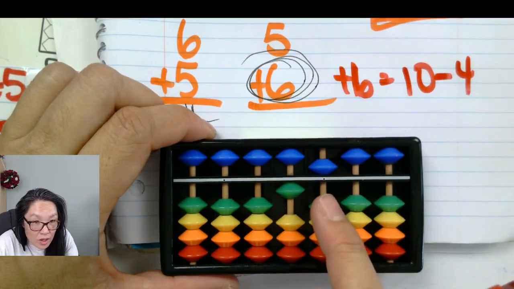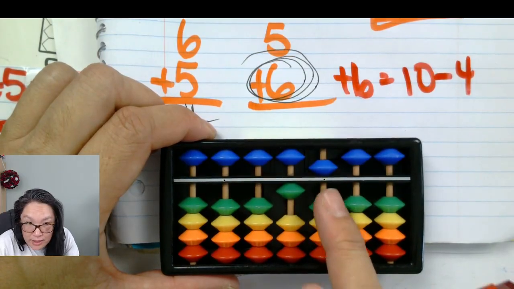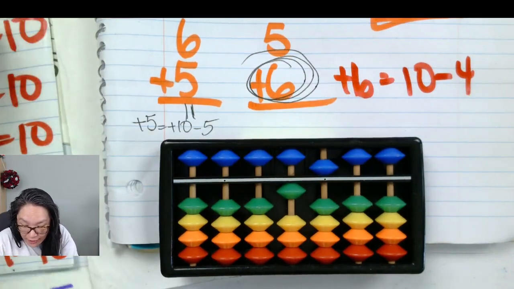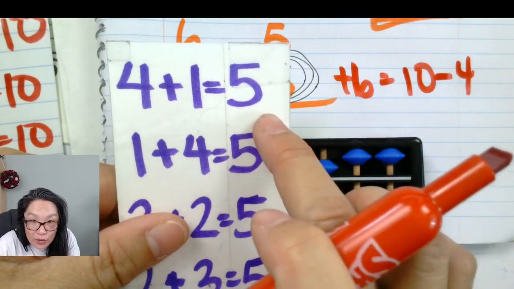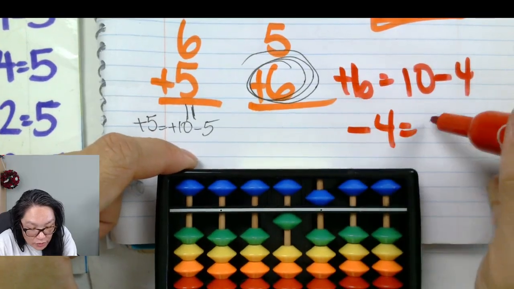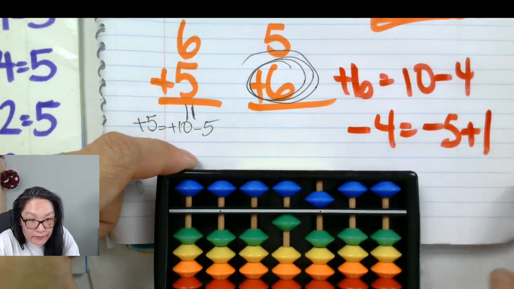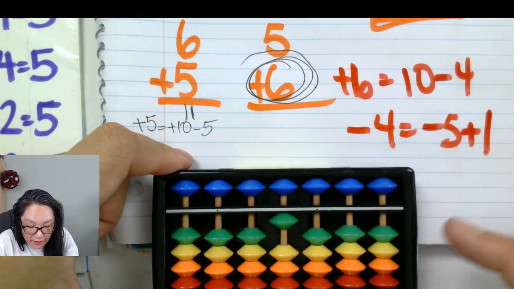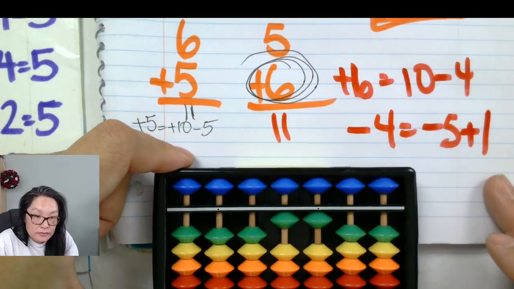This is what we call a two-step equation. How do we take away the 4? If we know how to add, we will know how to subtract. Minus the 4 is equal to minus the 5 plus the 1. So we minus the 5 plus the 1. My final answer is 11.